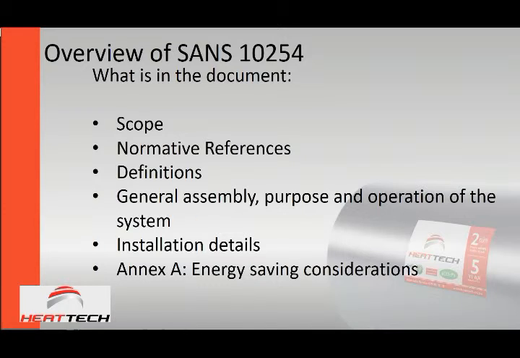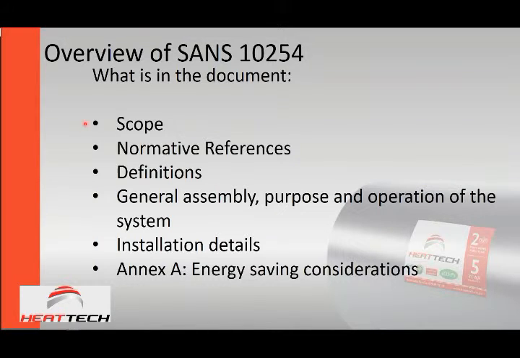If you look at the actual headings in the standard itself, let me give you a brief overview and explain what is in that. As we go through the rest of this series, we'll delve deeper into this and make a little bit more sense out of it. Let's look at the scope first. In many standards that's such an important part, to make sure that you read the right standard for the product.